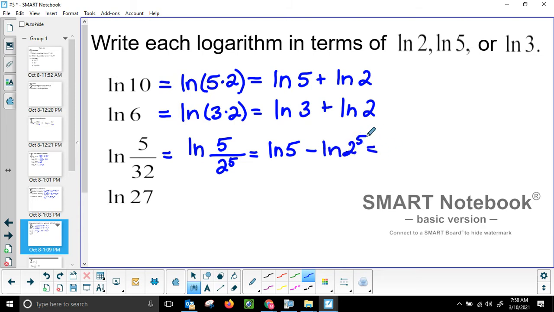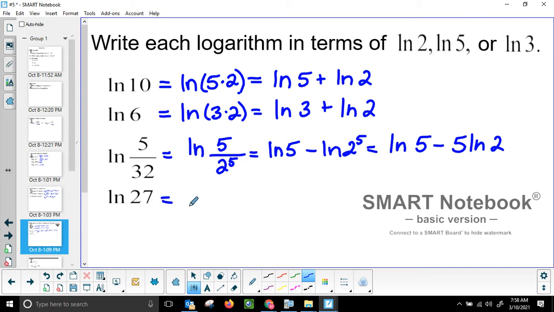Now I can use my power property to move this exponent out front. So I can rewrite this as ln of 5 minus 5 times ln of 2. So now it's in terms of just these things, so we're good to go.